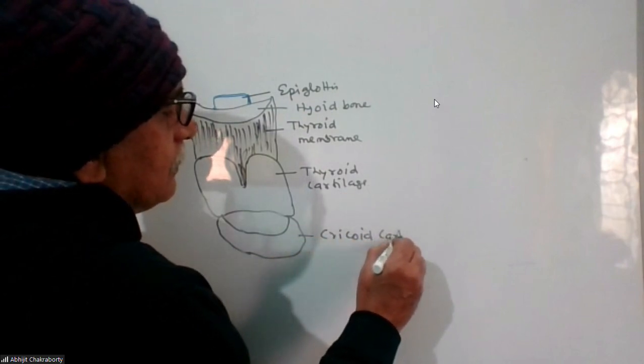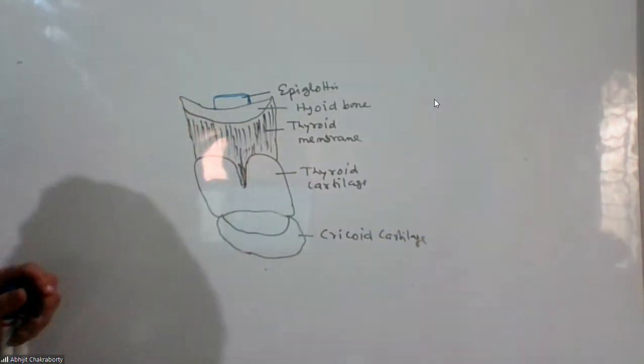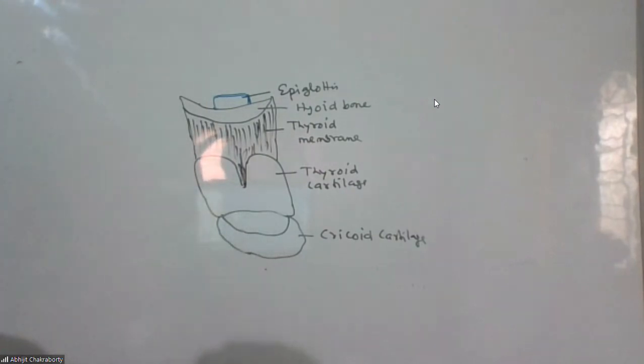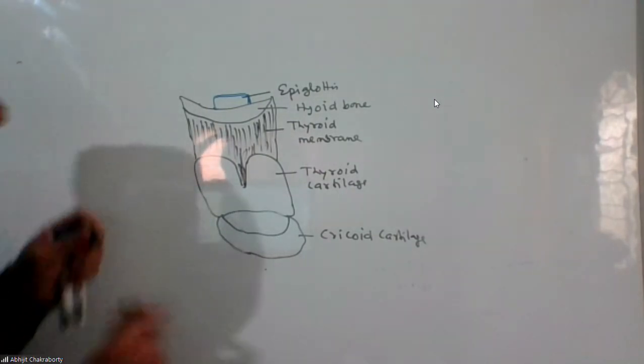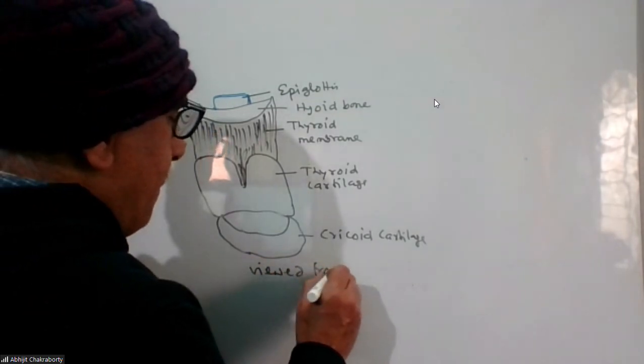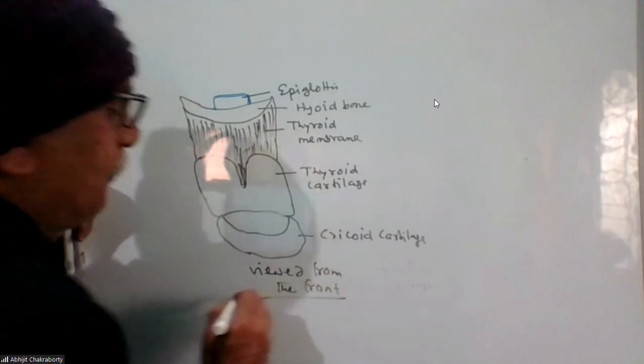Cricoid cartilage. So this is the view from the front side.